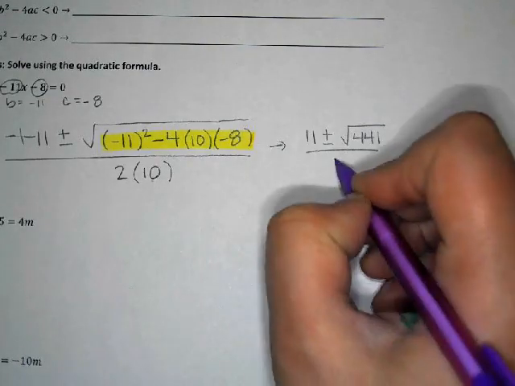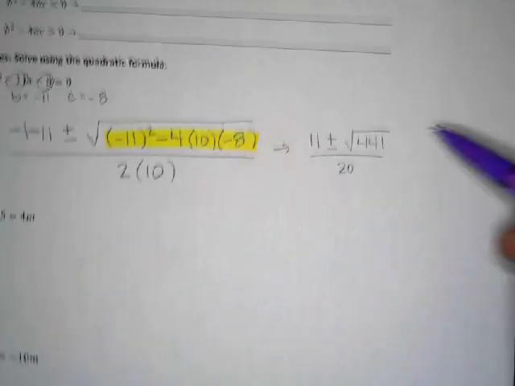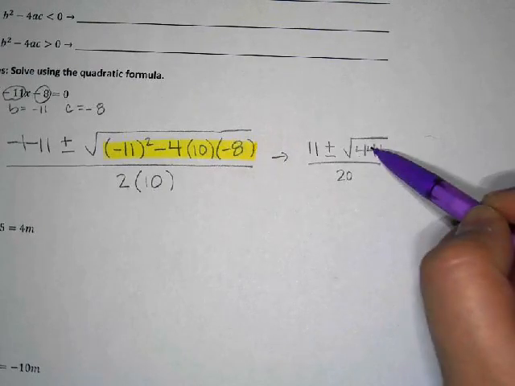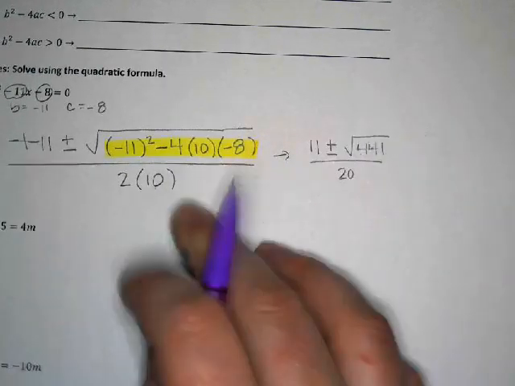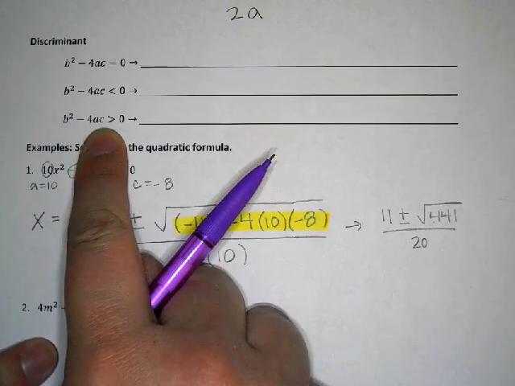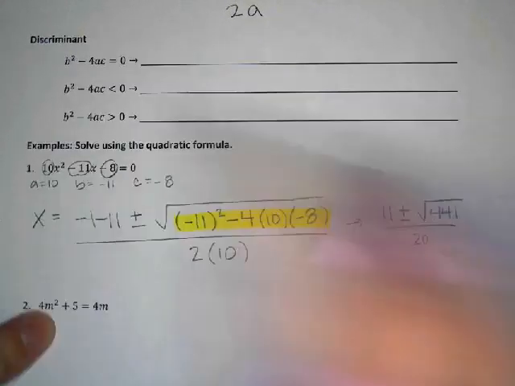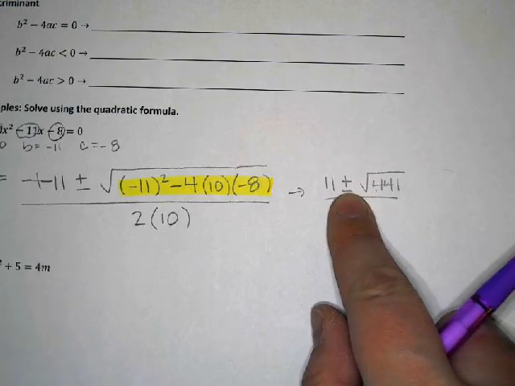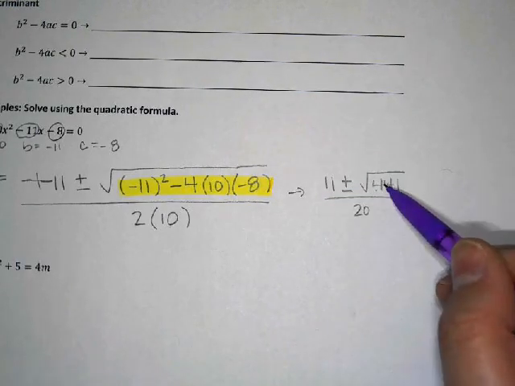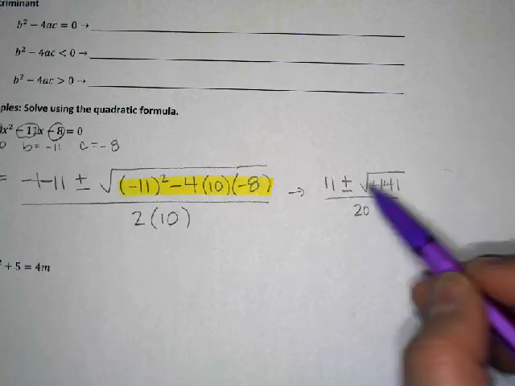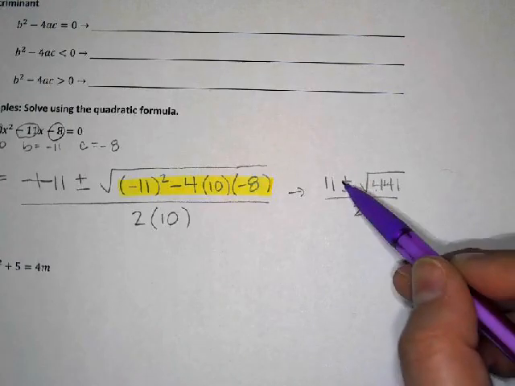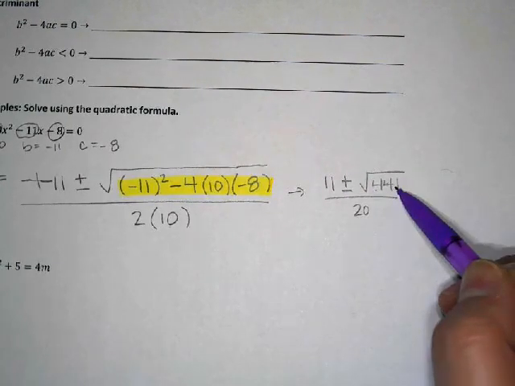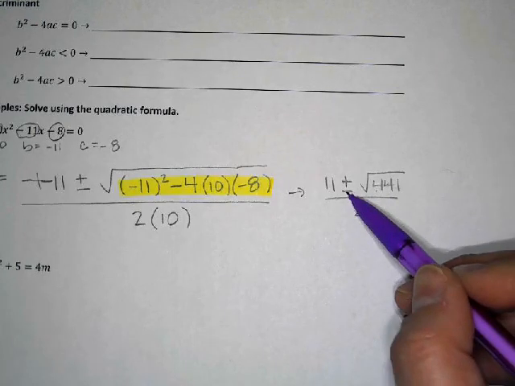Okay, so if the discriminant is like this, if it's a positive number, if it's greater than 0, we're going to get 2 answers. Because what's happening is we are square rooting 441, and the formula is asking us to do the positive version of the square root, and the formula is asking us to do the negative version of the square root.